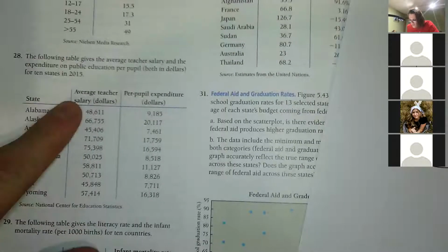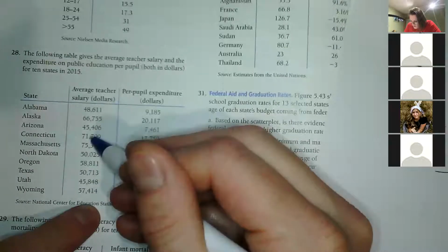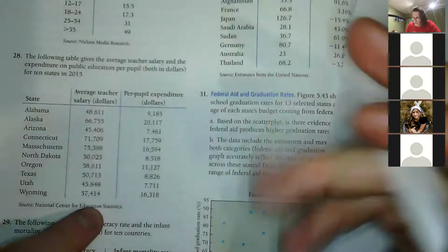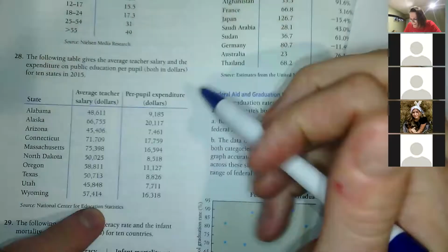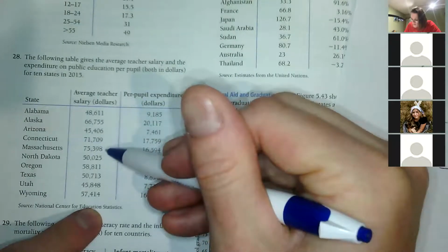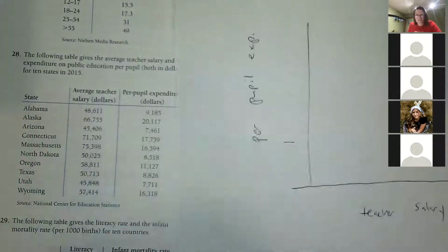So the salary for the teachers, the lowest it goes is Utah and Arizona, looks like 45,000. This will be a very rough plotting. And the highest it goes is Massachusetts at 75-ish. So 45 to 75.